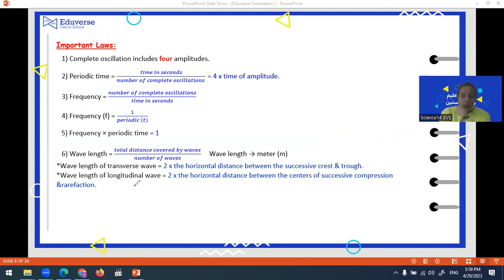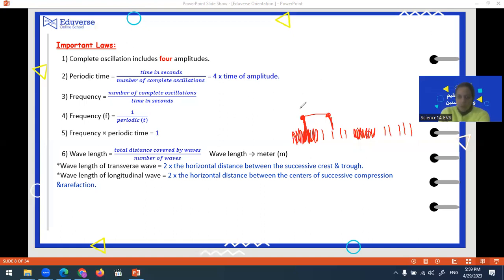We have another law when we are talking about, for example, the longitudinal wave. It's also the same idea. If you have the distance, for example, let's do it like this. This is compression and this is rarefaction. This is another compression and this is another rarefaction. If you have the horizontal distance between the center of the compression to the center of the next successive rarefaction, is this the wavelength?